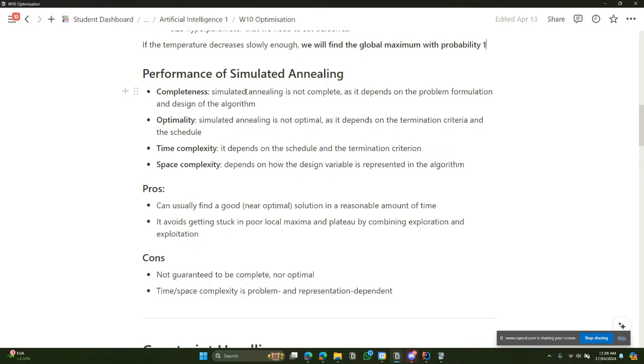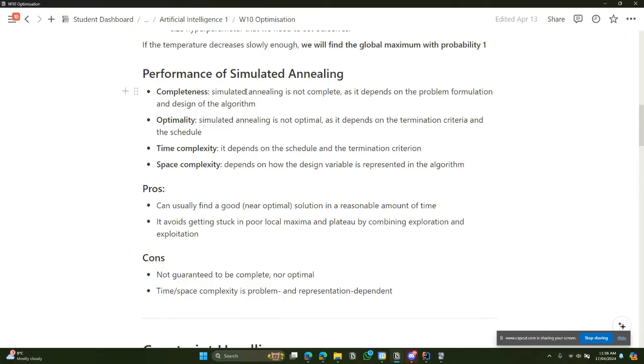However, if you haven't, then your algorithm is not going to be complete. So even if there is a valid solution, like a global optimum that exists, it won't find it, and that's what incomplete would mean. So it's very sensitive and dependent on the formulation of the optimization problem, which is what you have to do. So make sure you do that well.